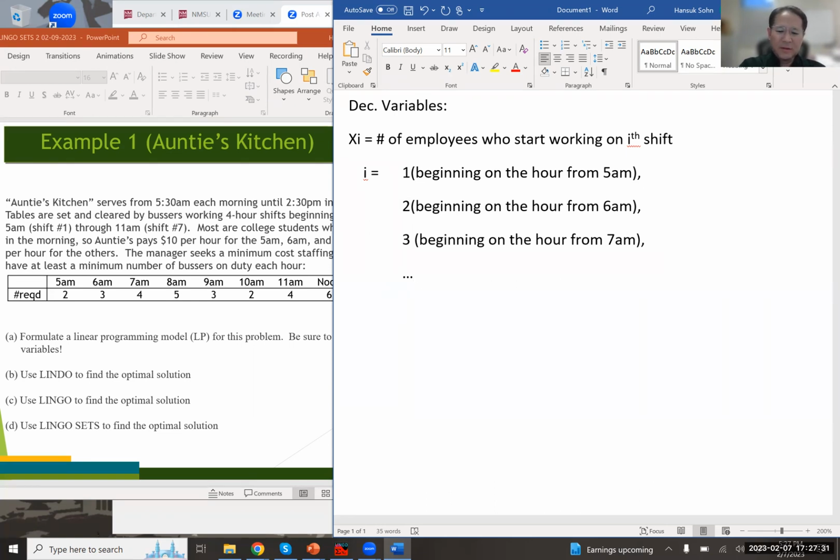And the last one would be the 7th shift. That's going to be beginning on the hour from 11 a.m., right? So we define these 7 variables, x1 through x7, okay?